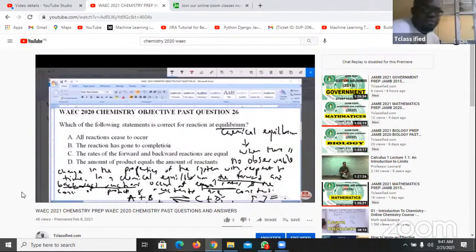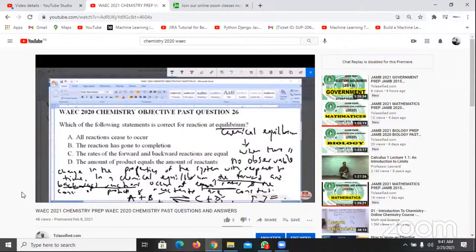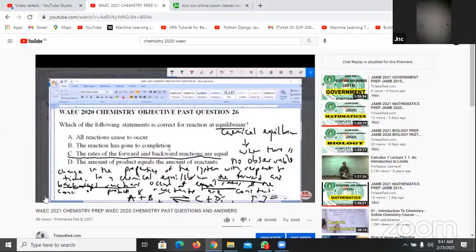A, all reactions cease to occur. B, the reaction has gone to completion. C, the rates of forward and backward reaction are equal. D, the amount of product equals the amount of reactant.